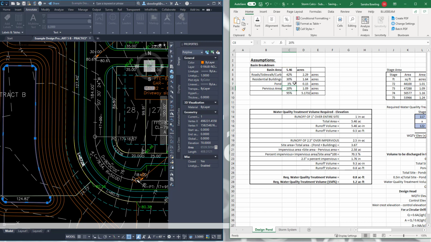That only equals 3%, and typically I would need 8% if it was a wet pond. So we'll see if 3% works or not. That means I've only got 95%, so I am going to up the pervious area to 25%. Okay, so now you can see what I've got here.